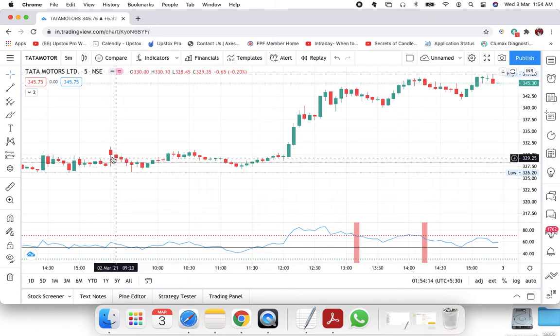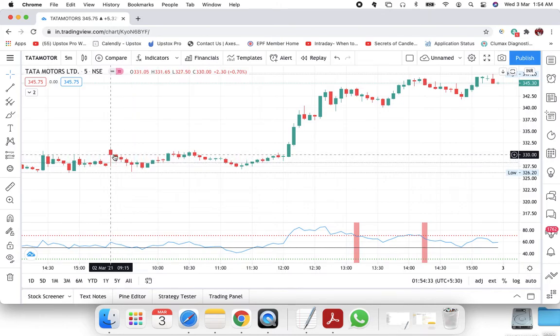So if we see this, the previous candle's close has been broken by the next candle's open. Similarly, consecutive candles are opened and closed.